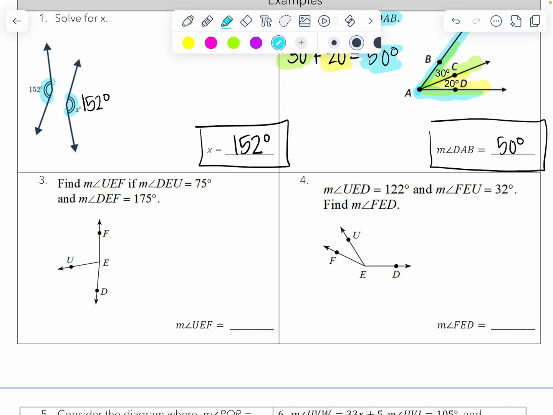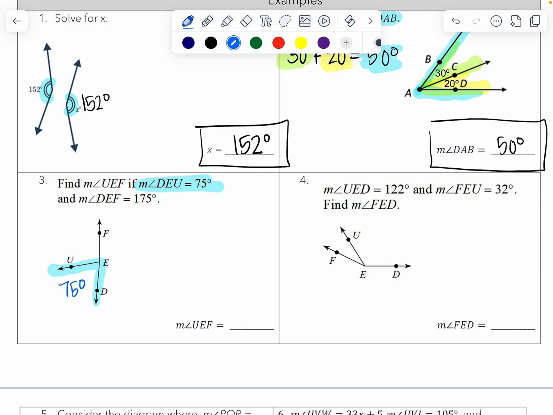Okay, so again, we're going to start by highlighting. It's just difficult to see the angle that they're talking about, especially when you're first doing this. So let's start with DEU. So we'd go from D to E to U, and it says the measure of that angle is 75 degrees.